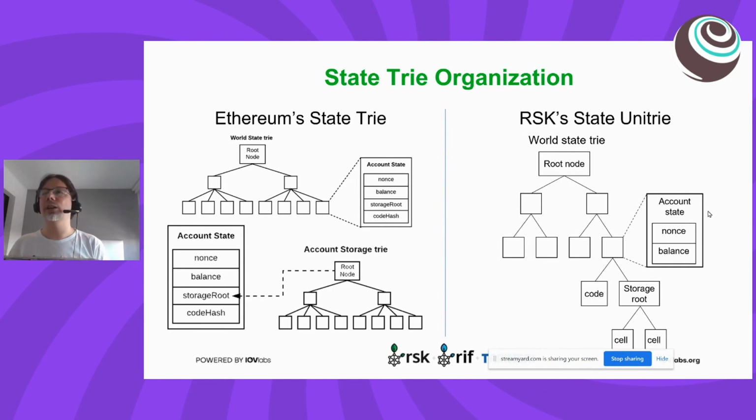So the storage of a contract is plugged in as child nodes of the account state in the trie. And by having a single trie, it makes all the state handling much easier and much more uniform. If you want to implement a new type of garbage collector, then it will be very easy to implement in the case of RSK.